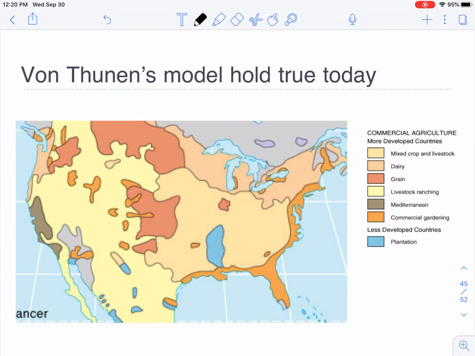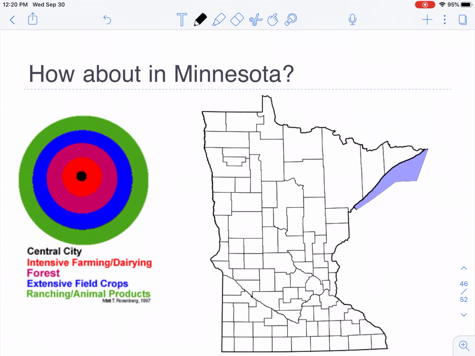So we're going to end up looking at, does von Thunen's model hold true today? In the United States, that's pretty difficult to do in the big picture because the land is so diverse. But when we zoom in on a state like Minnesota, we're going to be able to look at it and say, all right, is there a central city? Well, yeah, the biggest population center in Minnesota is here.